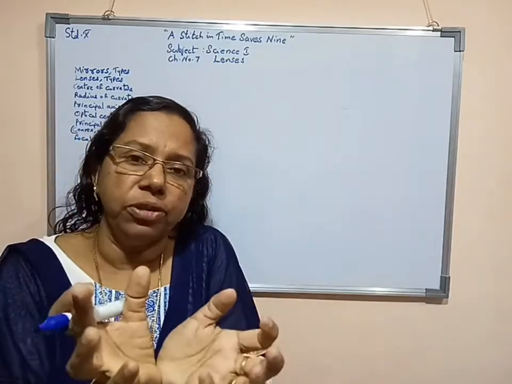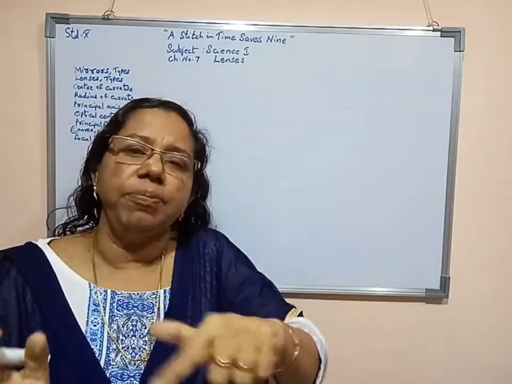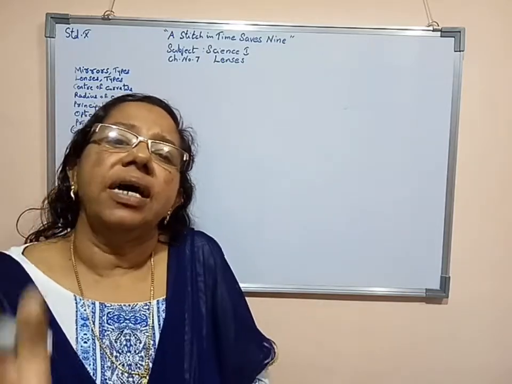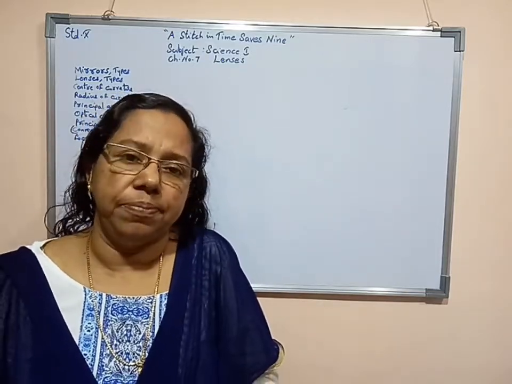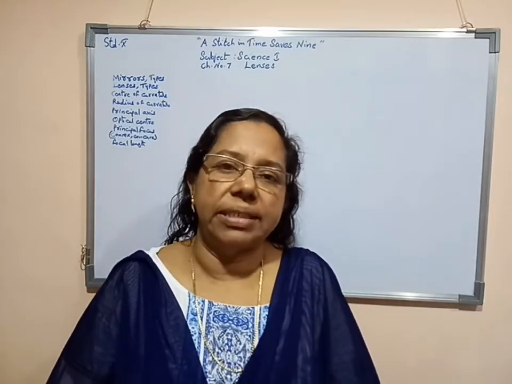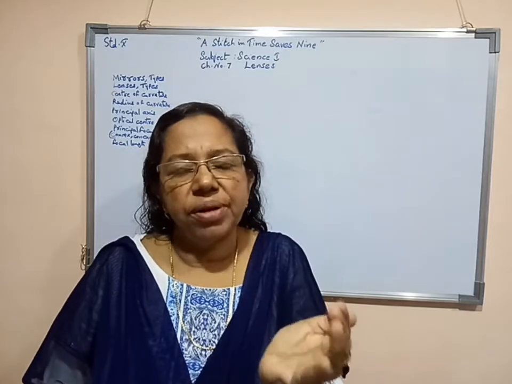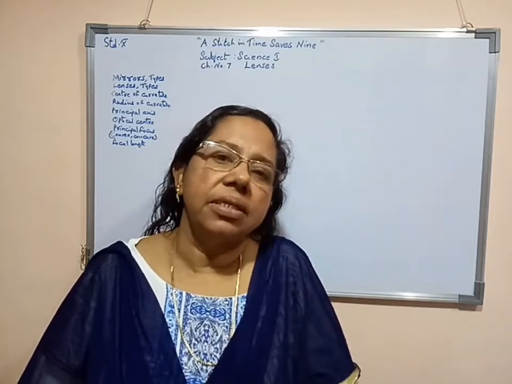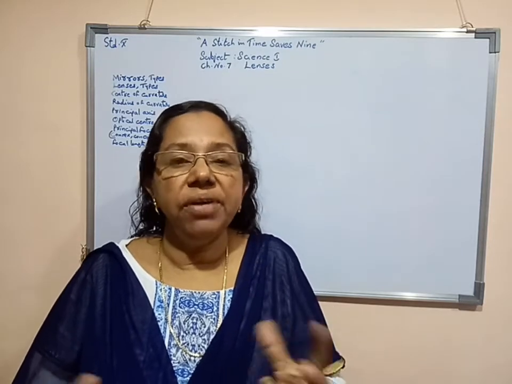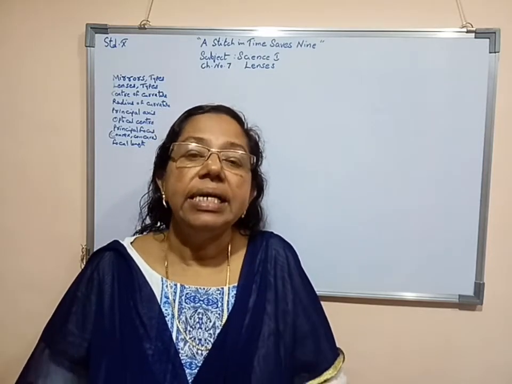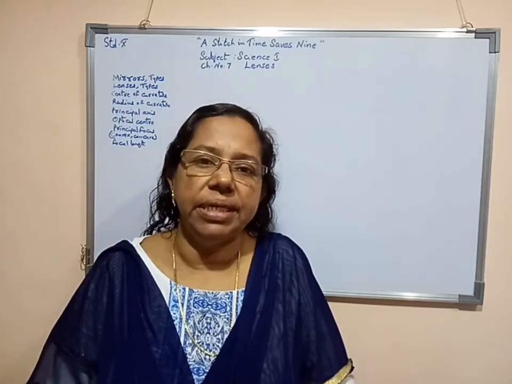That means there will be two spheres. One part will be a part of one sphere, and the other part will be a part of the other sphere. So here we are going to study the parts of lenses and how a lens is made.